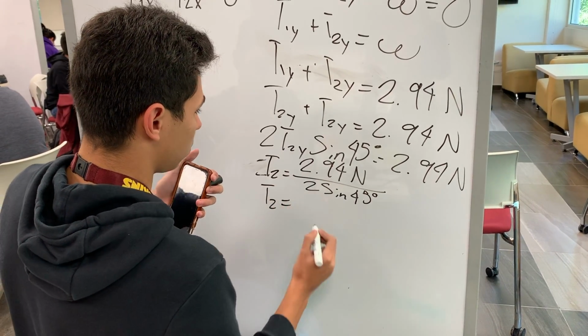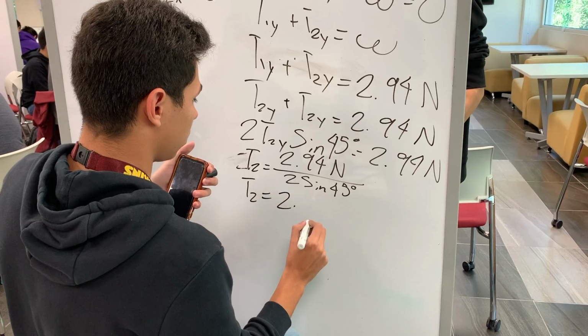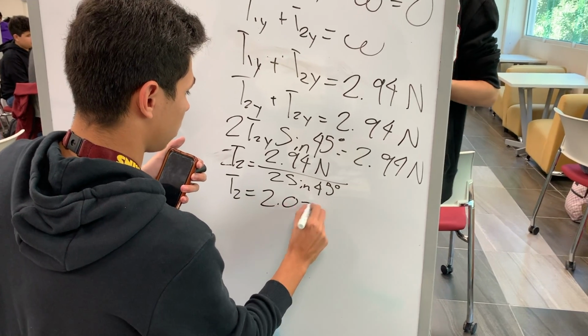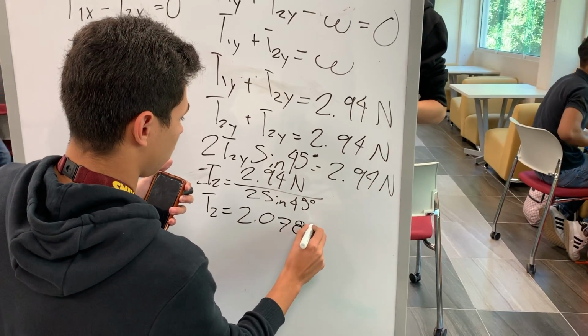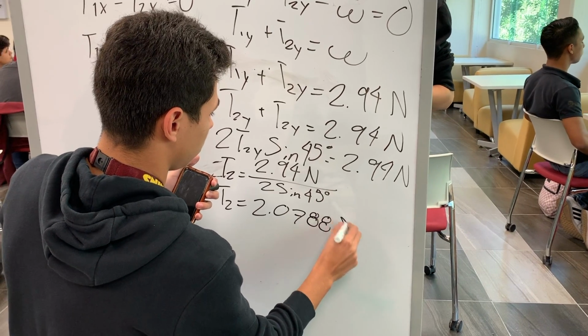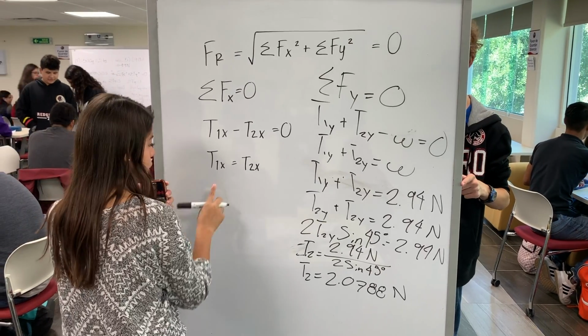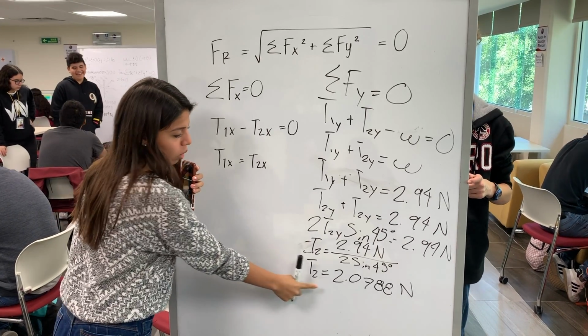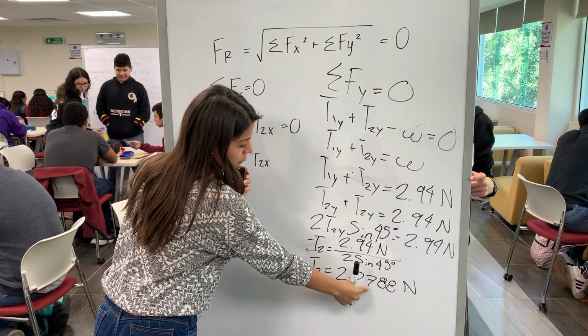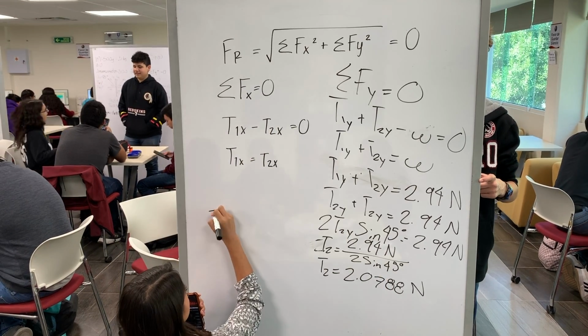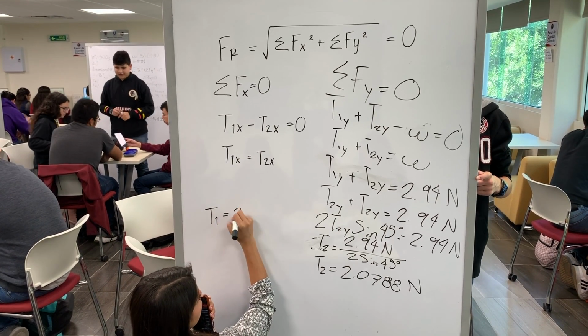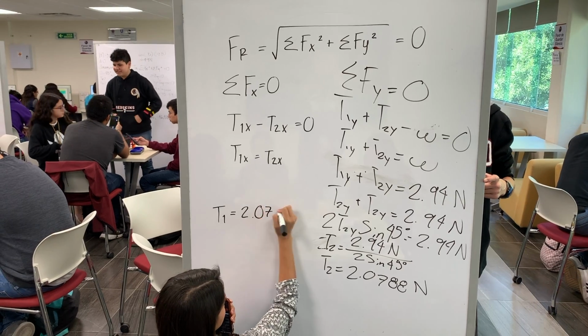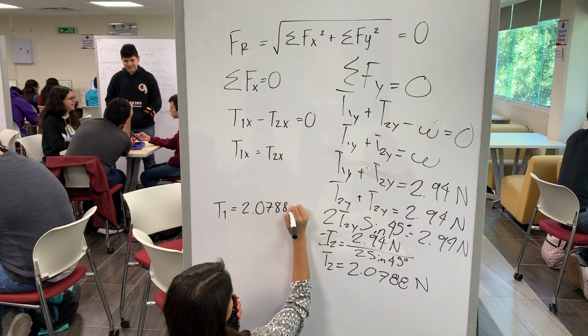Tension 2 is equal to 2.0788 newtons. So if tension 1 is equal to tension 2, and tension 2 is equal to 2.0788, tension 1 is equal to 2.0788 newtons.